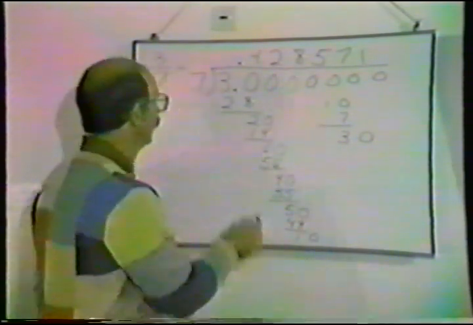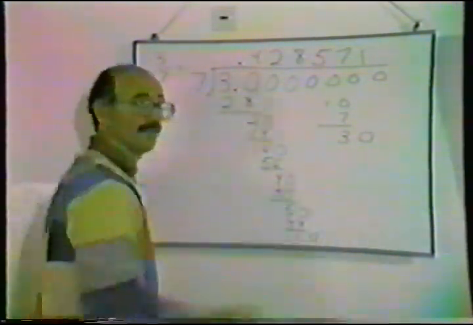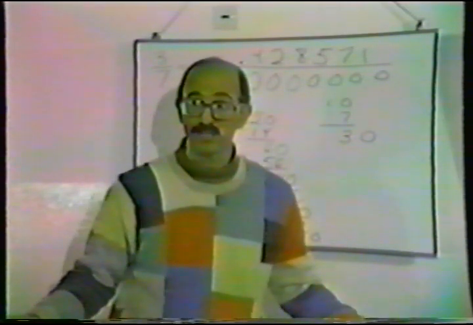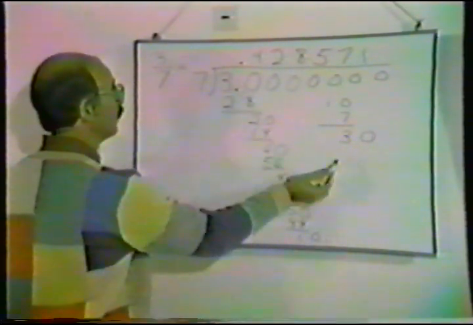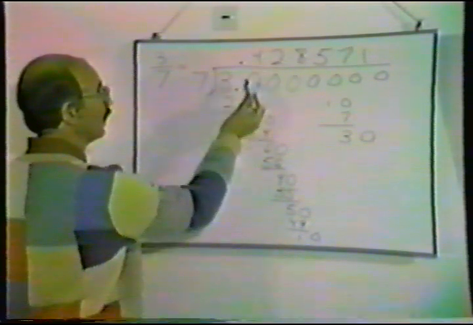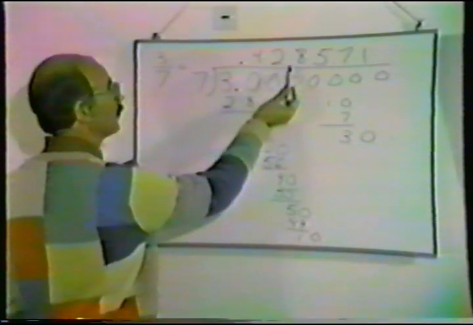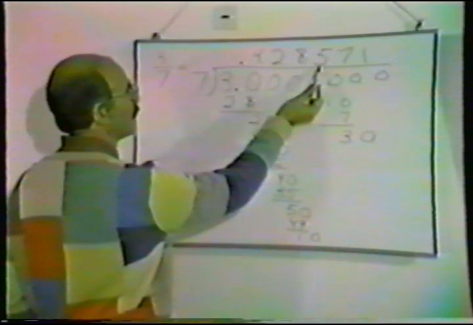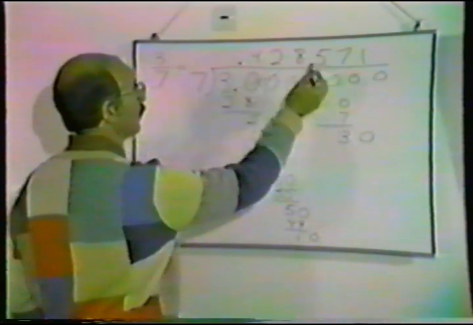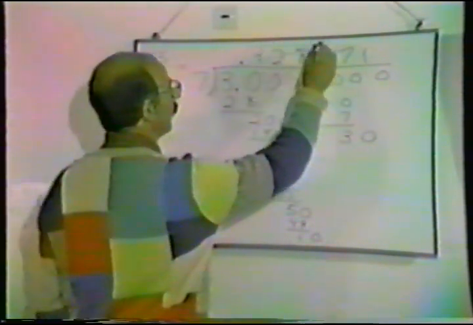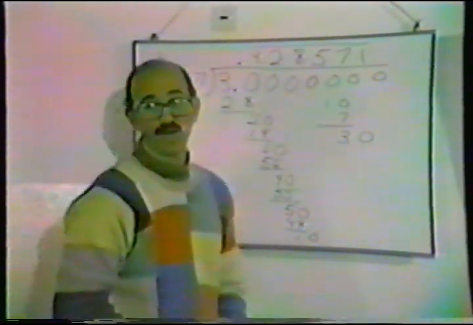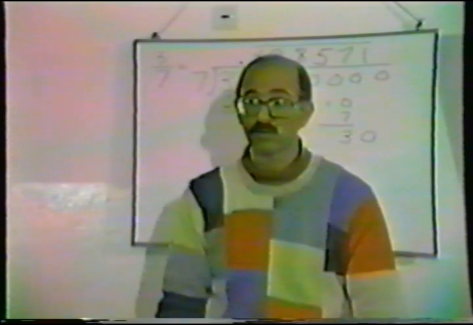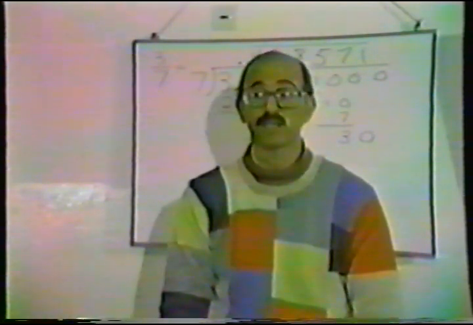Uncle Dan, 7 into 30. It happened again. That's it. What happens when we do 7 into 30? We get 4, and then we'll get 2, 8, 5, 7, 1. It all repeats. 4, 2, 8, 5, 7, 1. Uncle Dan, I thought that one was never going to end.